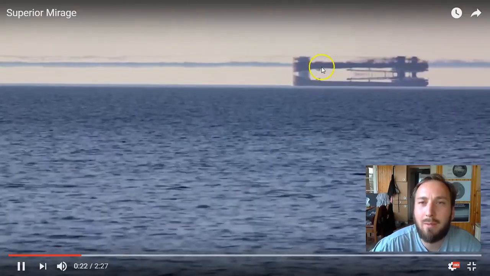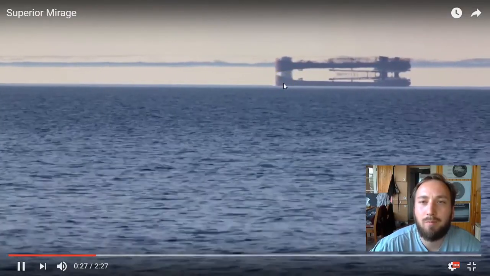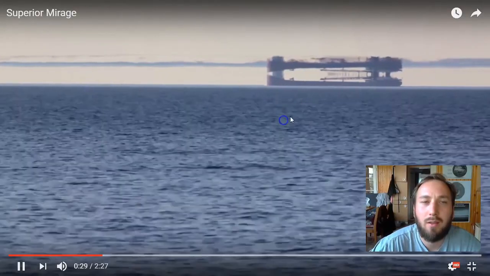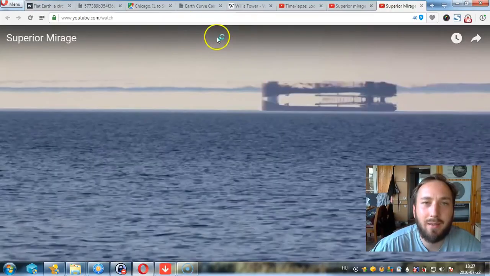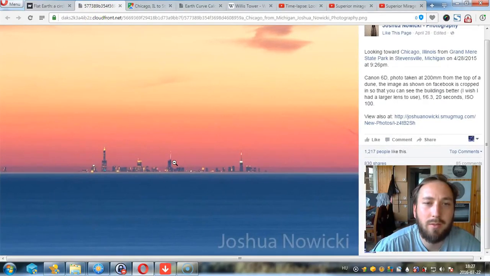You can also see that the mirage is blurred, and you can't see anything blurred in this picture, right? This is not a mirage. It's not turned upside down. It's clear, not blurred. This is a mirage. This is not a mirage. And the reason for that, because there's no curvature, the Earth is flat.